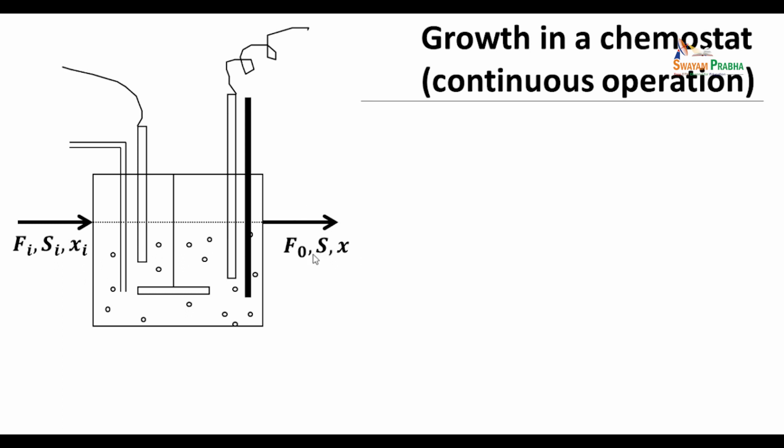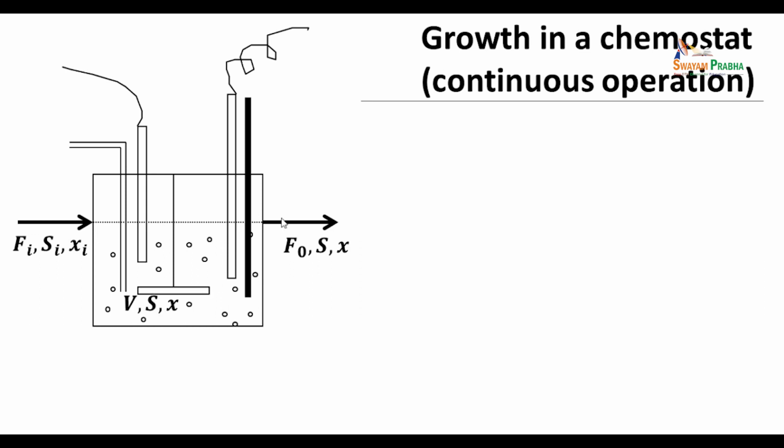The same parameters in the outlet of the bioreactor: Fo is the outlet volumetric feed rate, volume per time. S is the substrate concentration here, and X is the cell concentration here. And the volume of the broth, which we will take as a system, is V.